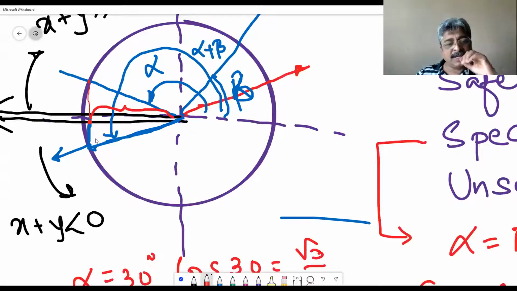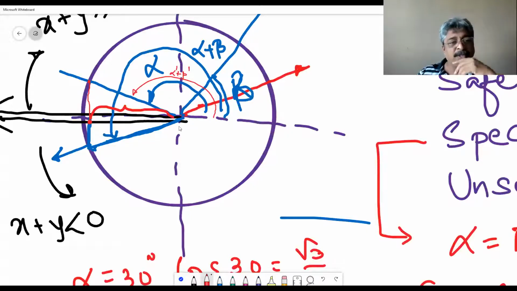Do you understand that? It is going to be the reflection in x-axis. That is what you will get reported. So you want alpha plus beta, that is this angle. However, you will get this angle, which is alpha dash plus beta dash.